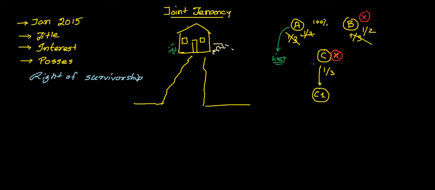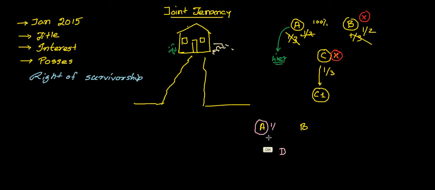If C wants to sell the house, C has full rights to do that, but D will come in as a tenant in common, while A and B will still be in this joint tenancy, with 1/3 and 1/3. Let's change the color so it will be easy to understand.